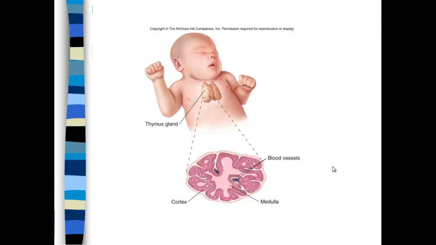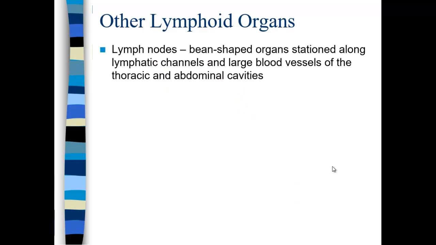Okay, so here's the thymus. The thymus is full of blood vessels. It also has a center portion called the medulla and the outer portion called the cortex. Okay. Other lymphoid organs include lymph nodes, which are scattered throughout your body.